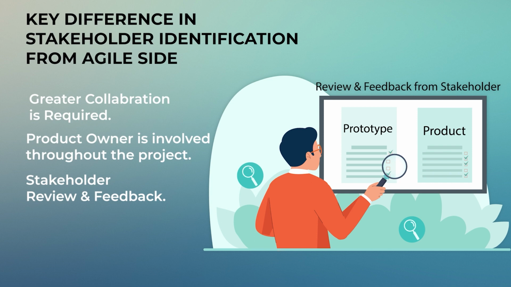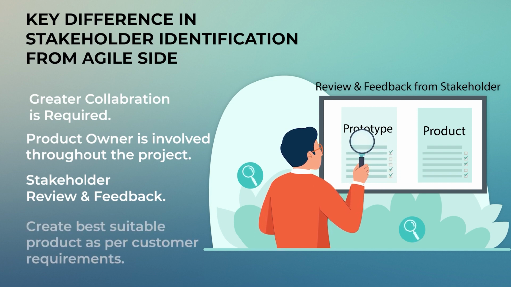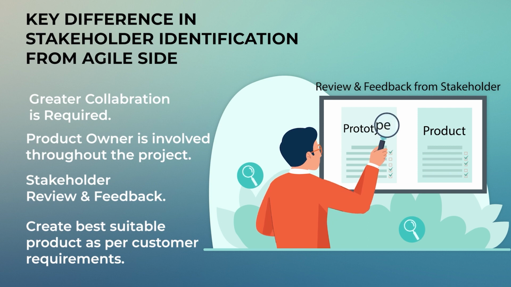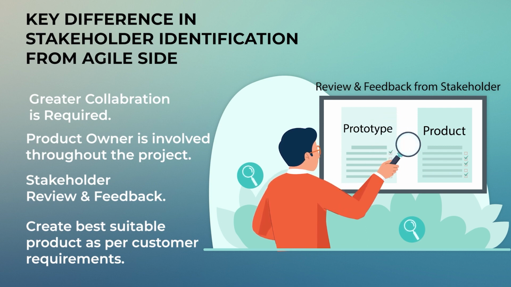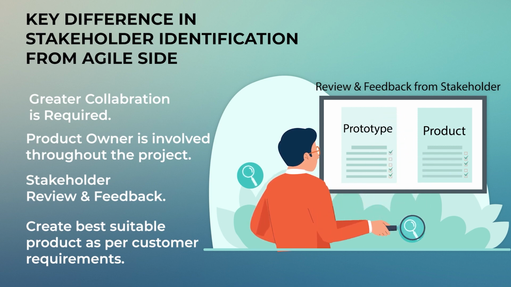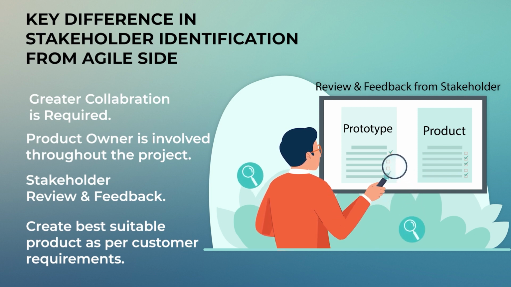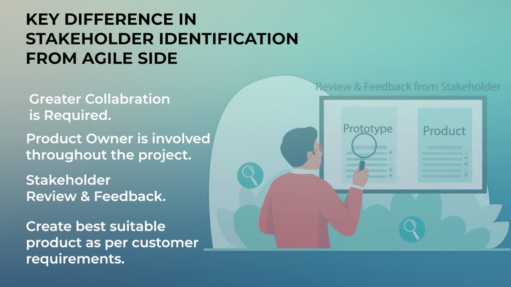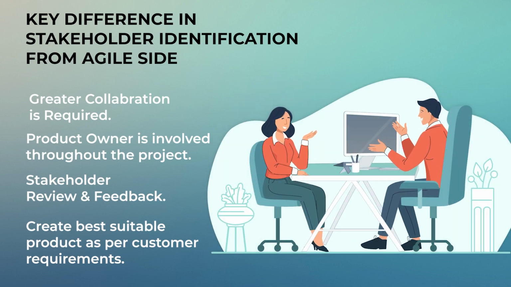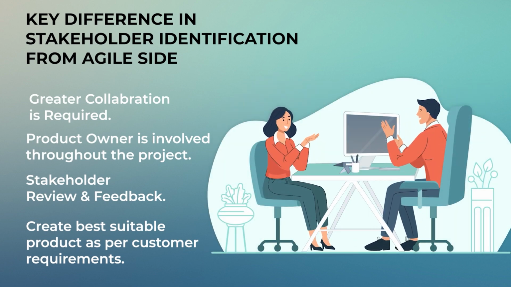They have to review the prototypes and the product and give you feedback in an easier, quicker, faster manner, so that your product is free from bugs and you create a product which your customer actually wants. So in Agile, the stakeholders are involved more frequently as compared to the traditional mindset.